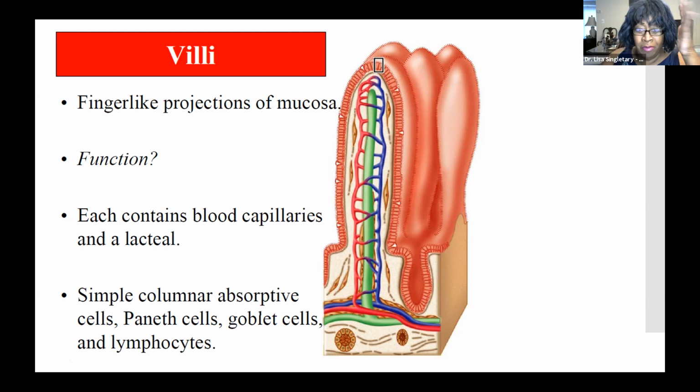Imagine how many we have lining the entire gut. But inside of each villus, there's a network of capillaries, which are represented by the red arterioles, the blue venules, and the capillaries are the purple areas in between. That's where absorption happens in the blood. So we really do need a lining here to protect the bloodstream from what's in the lumen, right? So the gut lining is very important.